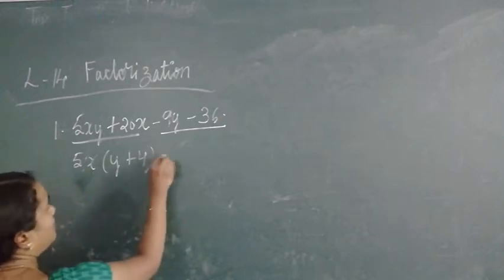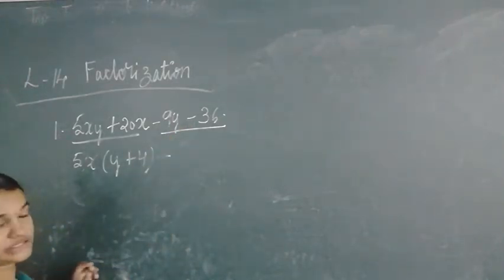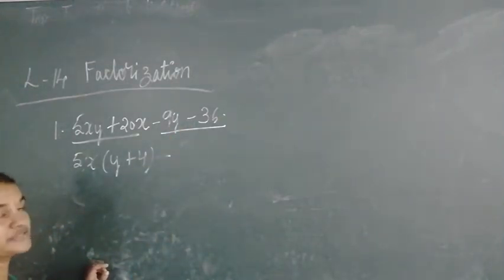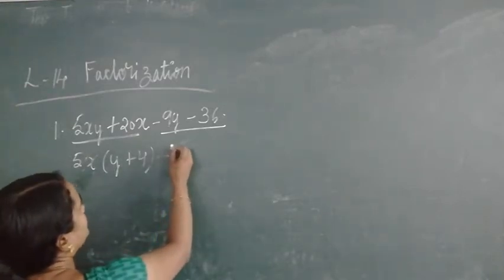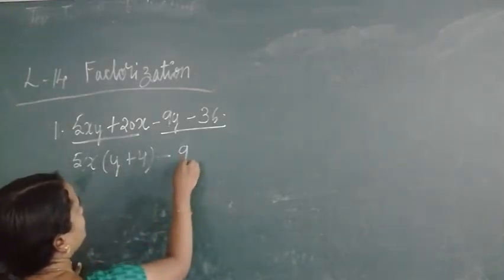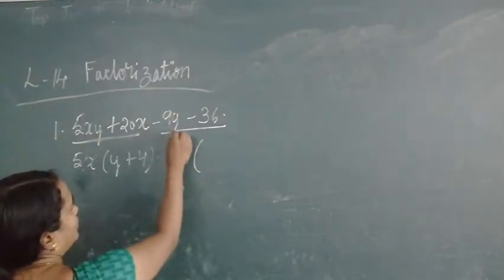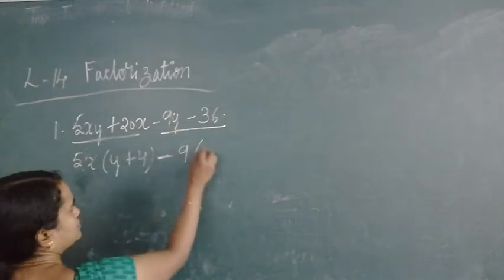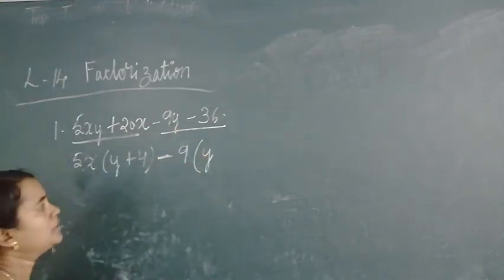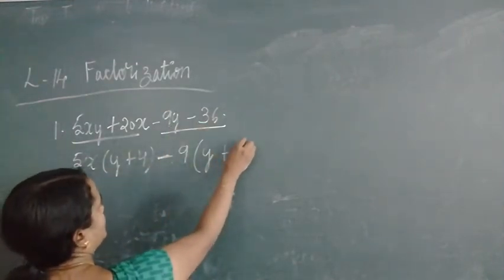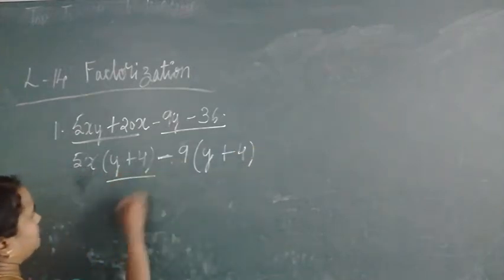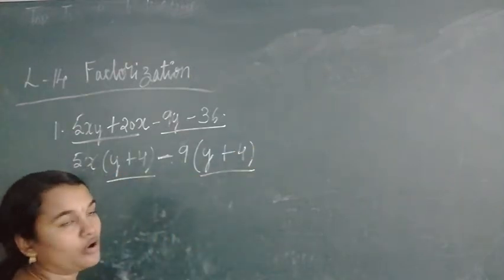Now in both places minus is common, so minus we will take out, and 9 also we will take out. Now minus into minus is plus. Already 9 we have taken out, that means y, minus into minus plus, 9 4s are 36. Now you can see y plus 4, y plus 4, that will be the common here.